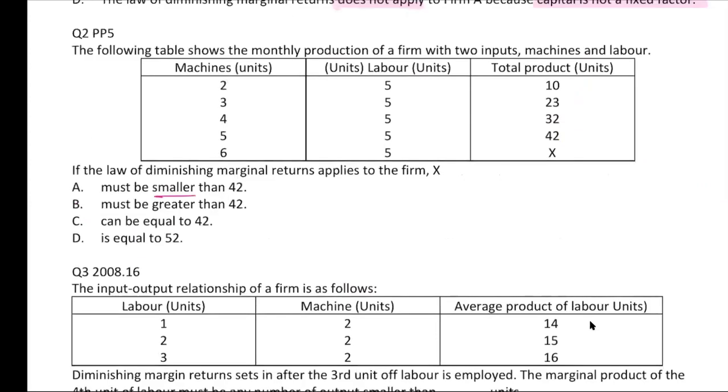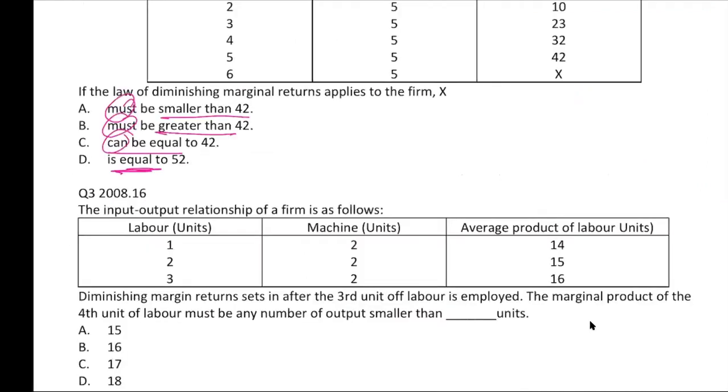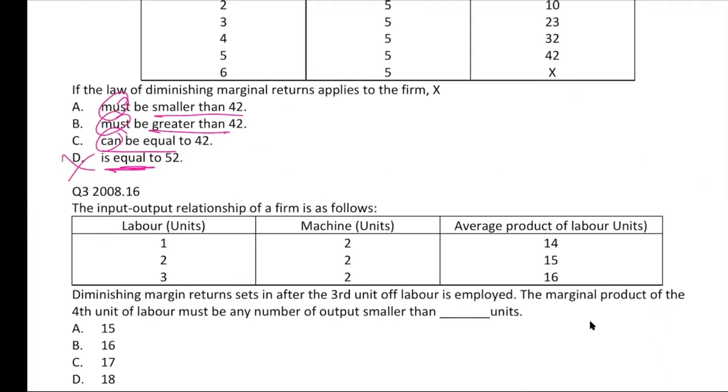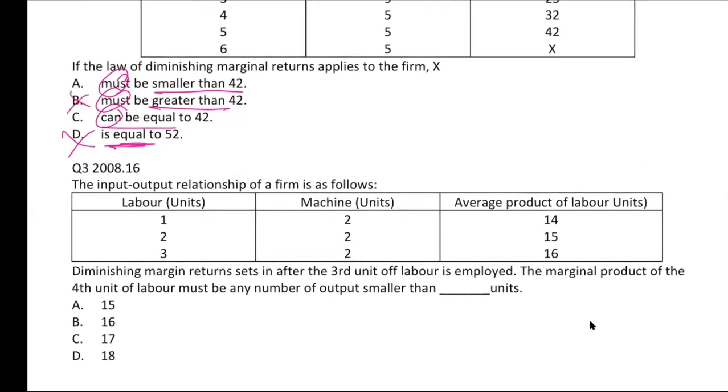There are keywords: must be smaller, must be greater, or can be equal. It cannot be equal. It should be a criteria. It should be smaller than something, and must be smaller than may be correct, while must be greater than should not be correct. We are always talking about less than something. So you can check with the answers.